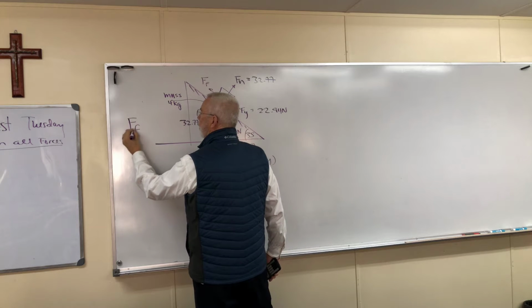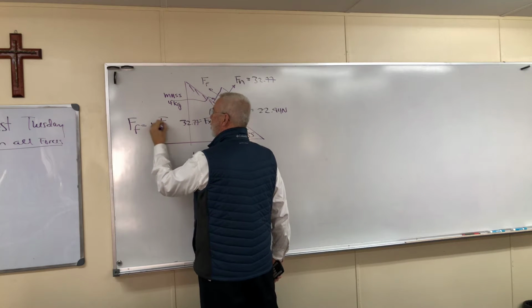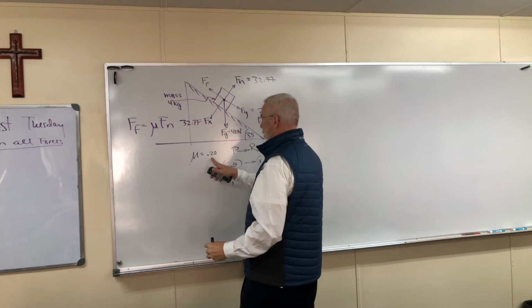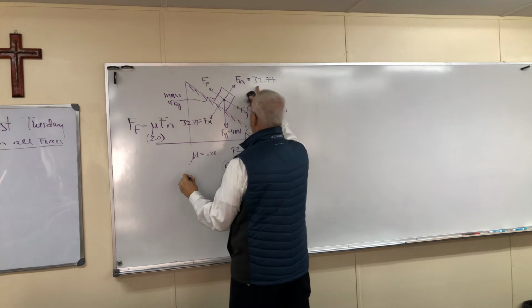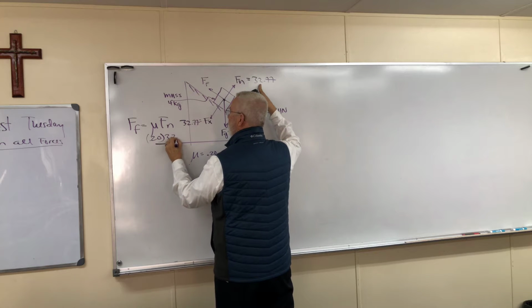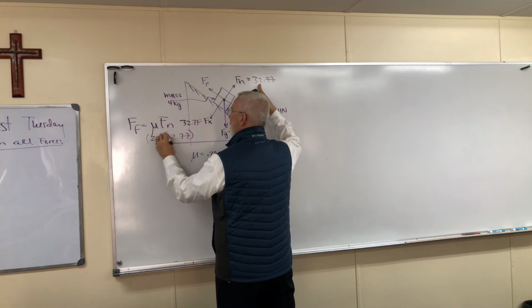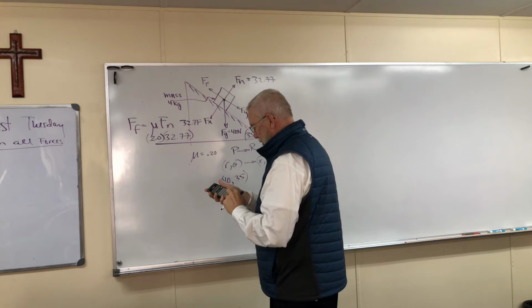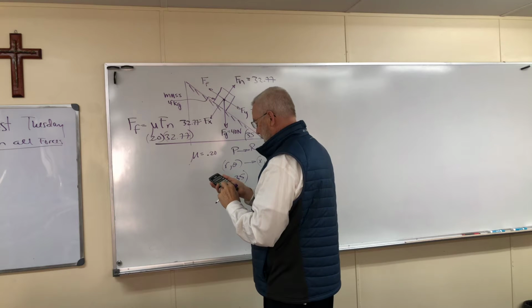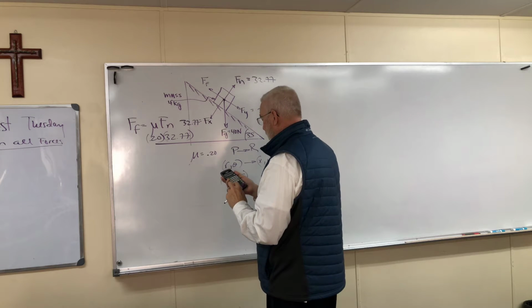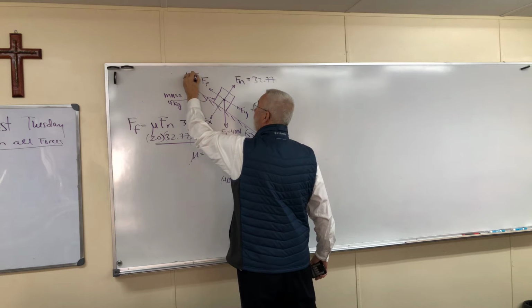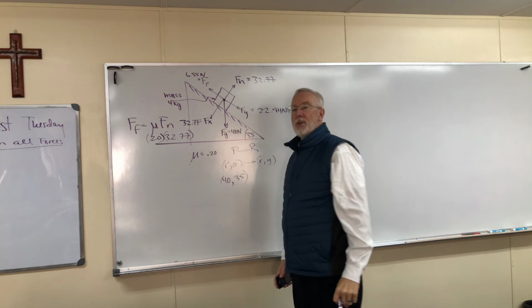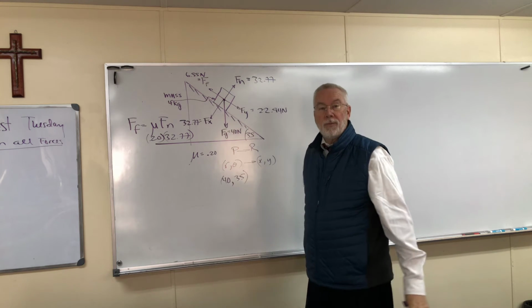Remember, the force of friction is equal to the coefficient of friction times the normal force. Coefficient of friction is right here, 0.20. And the normal force is 32.77, like that. So 32.77 times 0.2 is 6.55. So 6.55 newtons is the normal force, or excuse me, is the frictional force.